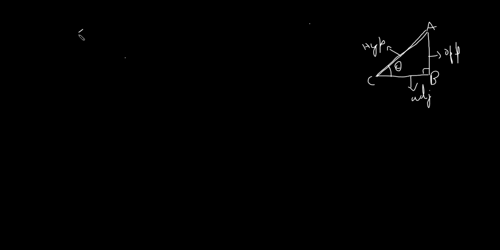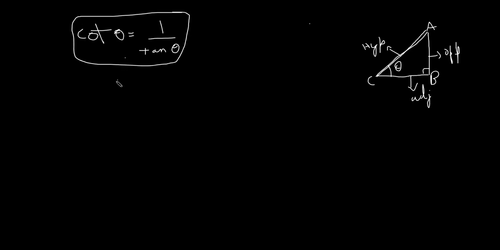Now another term, cotangent or cot theta in short, is 1 upon tan theta, or the inverse of tan theta. What is tan theta? It's the opposite side over the adjacent side. So the inverse of tan theta is adjacent over opposite side.